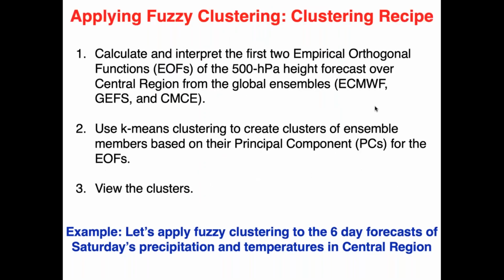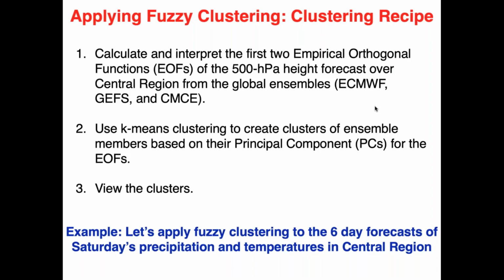For applying fuzzy clustering, I put up a quick recipe, which is the steps we're going to go through. First, you calculate and interpret the first two empirical orthogonal functions, or EOFs, of the 500 millibar height forecast over the central region from the global ensembles, which we are defining as the European ensemble, the GEFS ensemble, and the Canadian ensemble.